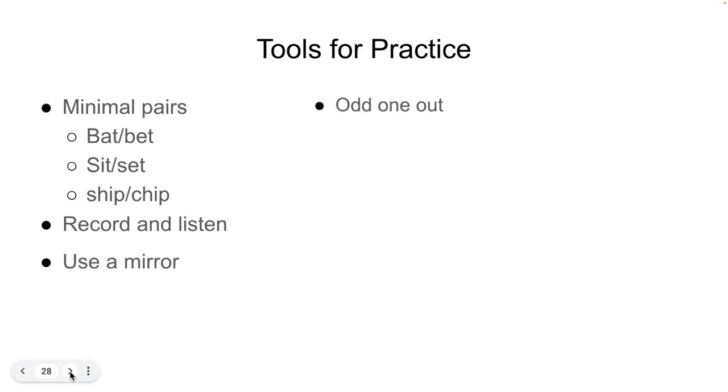Some other tools you can use are the game Odd One Out. You can say three words like heat, seat, hit, and ask them which word has a different sound, which one has a different vowel sound.